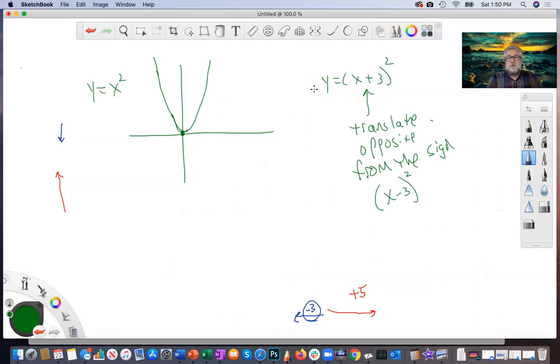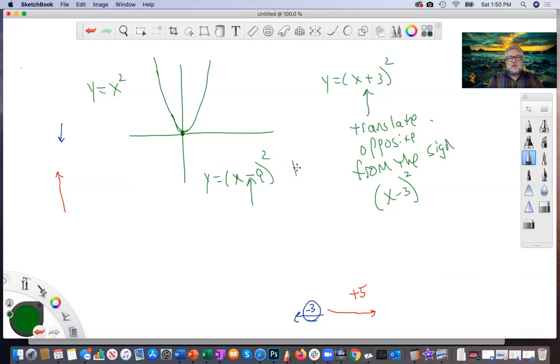So if I ask you to describe the translations for y equals (x minus 9) squared, you would say translated 9 units in the positive direction because it's opposite from the sign. So that's a positive 9 translation, translating 9 units to the right, translating 9 units in the positive direction. That's the same thing.